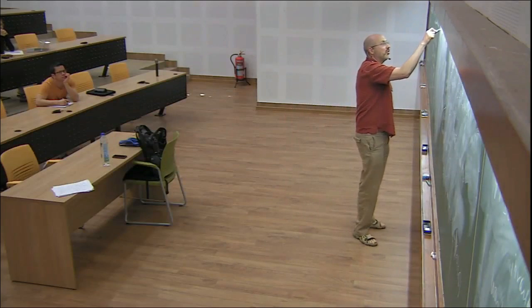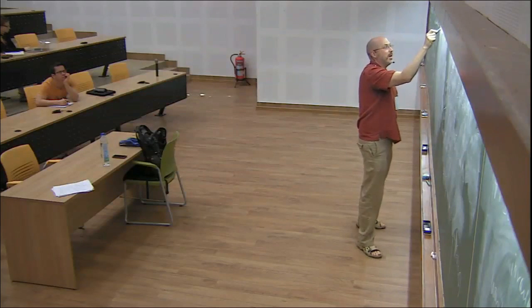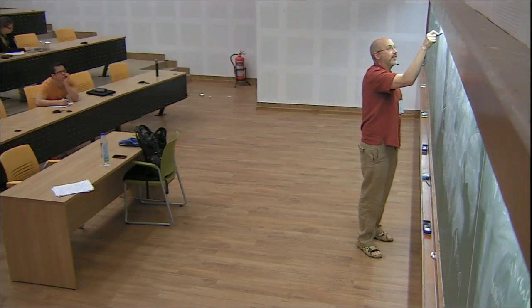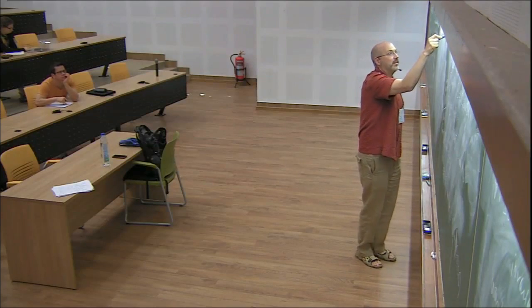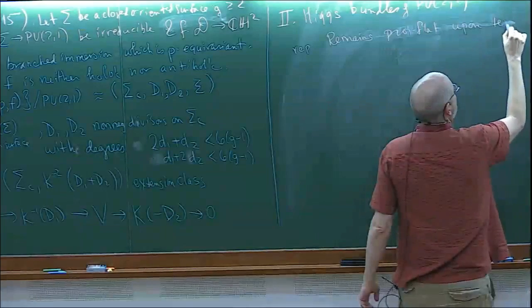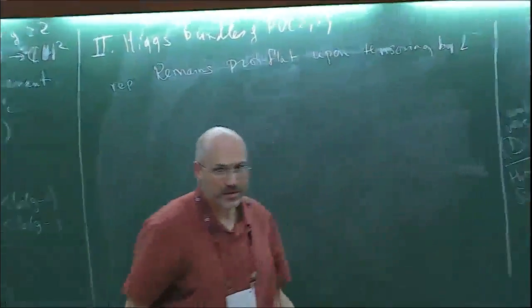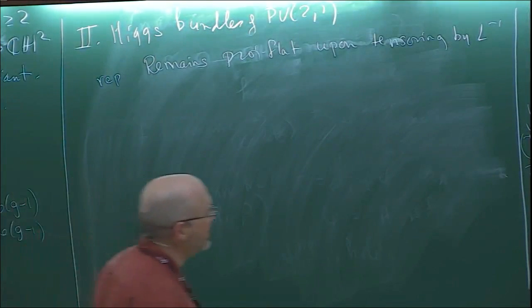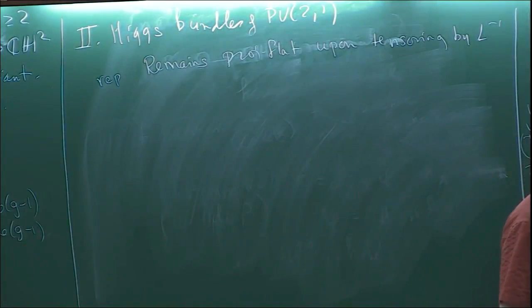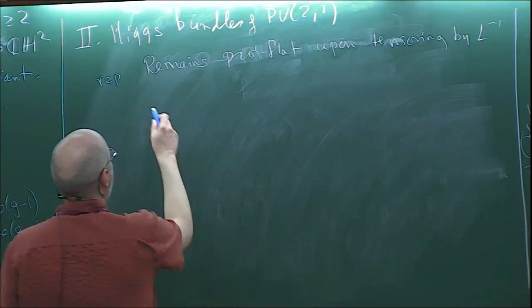And so in particular, the representation remains projectively flat upon tensoring by a line bundle. So this line bundle is going to have some metric on it, and then when you tensor the line bundle, you're going to get some curvature terms which are going to be of this form. And so that's going to remain projectively flat.